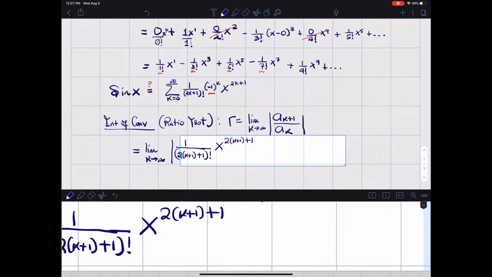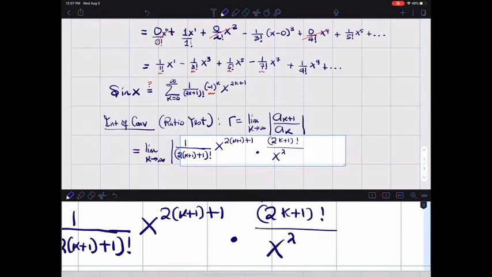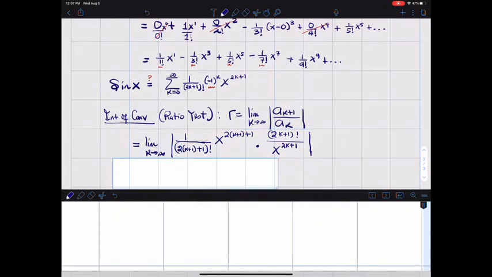That's a_(k+1), and then we're dividing it by a_k. So we're going to multiply by the reciprocal of a_k, which is 2k plus 1 factorial over x to the power of 2k plus 1. If you look closely, I'm ignoring the negative 1 to the power of k, because we're just looking for absolute convergence. So we don't need to worry about this.